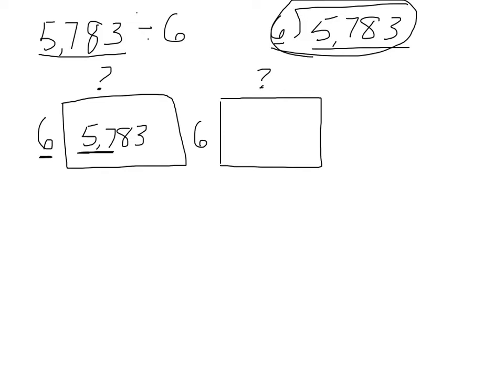What I'm really asking myself is 6 times what is going to make something close to 57. Well, 6 times 10 is 60, and I don't have 60, so I need to go one lower. 6 times 9 is 54. So I know this question mark is really going to be a 9. So 6 times 9 equals 54, but it's not just 54, it's 5,400.